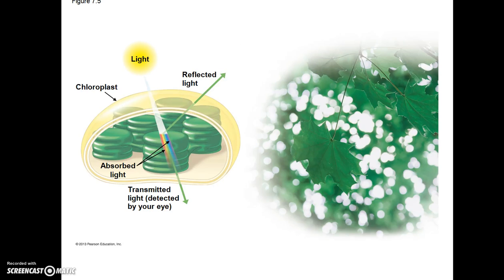Why do you suppose that we see most plants as green? I'll give you a little bit of time to look at this diagram and think about that for a moment. We see most plants as green because the sun gives off a huge spectrum of light, and the visible light, of course, ranges from red all the way to violet here.